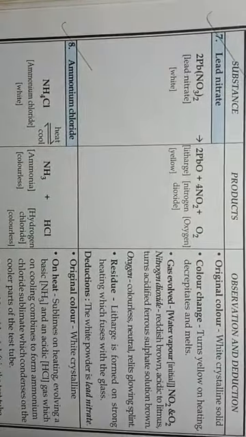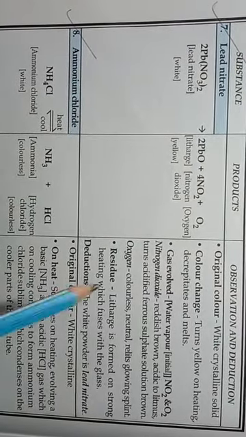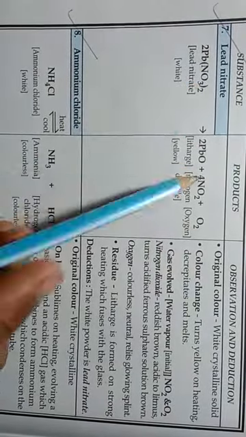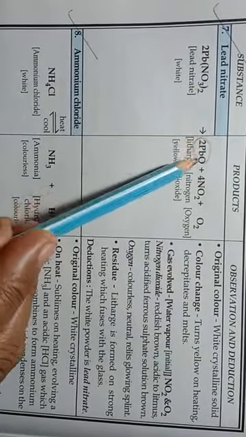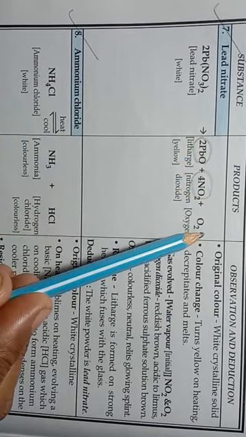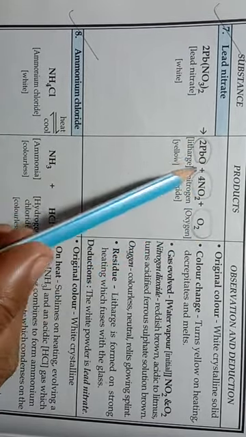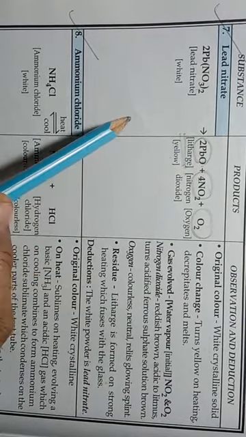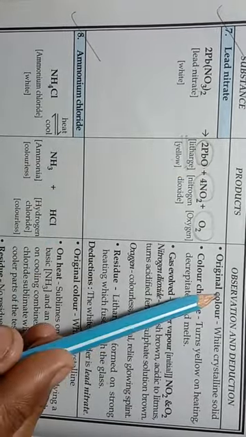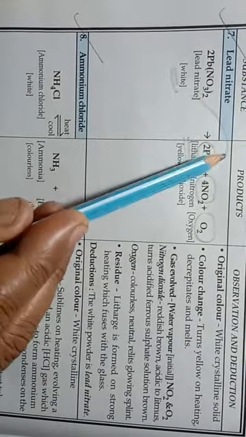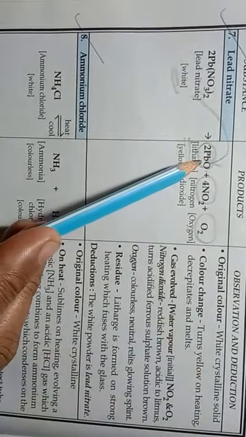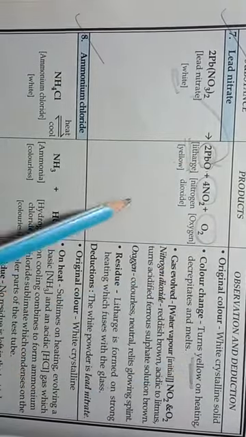Lead nitrate, a very important nitrate of metals. Lead nitrate on heating produces lead oxide, nitrogen dioxide and oxygen. Lead oxide is also known as litharge, which is a yellow solid. The original color is white, which turns yellow on heating.